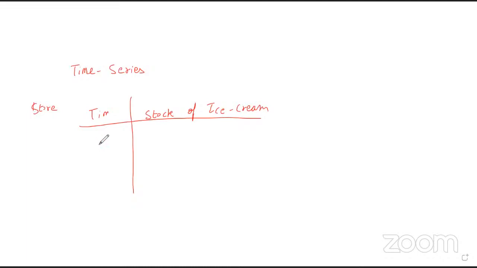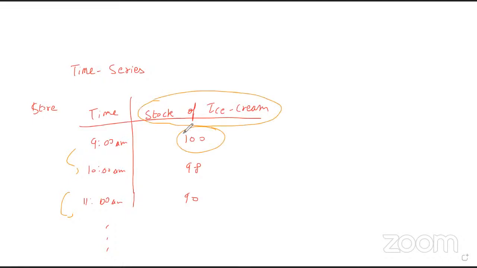We check the stock at 9 a.m. and let's say it is 100. Then we check the stock at 10 a.m., say it's 98, then 11 a.m., and so on, at regular intervals of time. So we are collecting the value of the same thing, the stock of ice cream, after a regular interval of time. That is what comes under time series data.